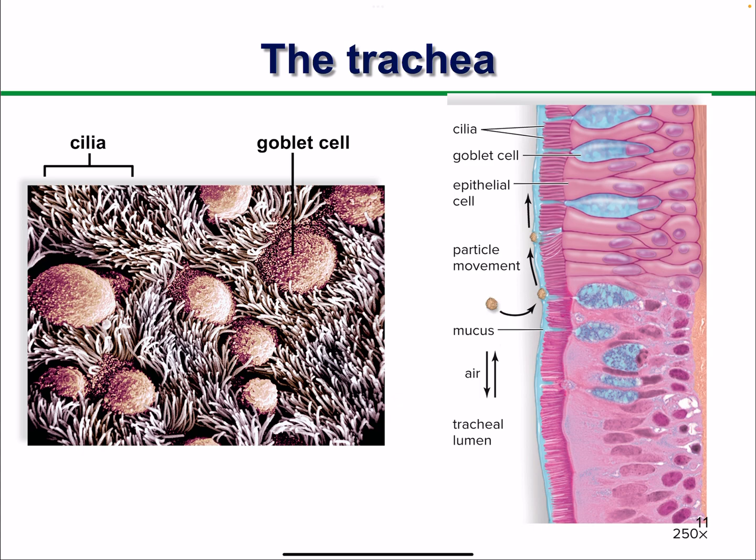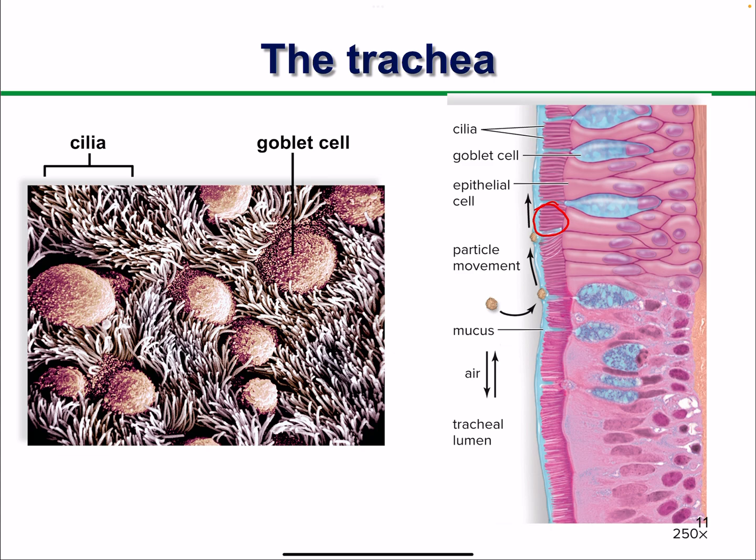Going down, we have the trachea. The trachea, or windpipe, is lined with a type of epithelium that is columnar but pseudostratified. In chapter 4, I think, we saw the pseudostratified epithelium. It is columnar, but it is also ciliated.